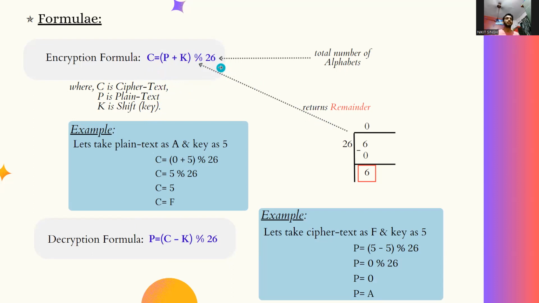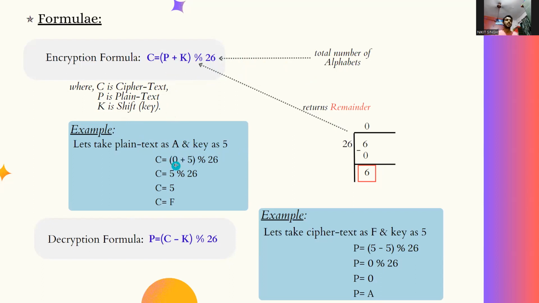For example, I'm dividing 6 by 26, and after dividing it, I get the remainder 6. So the modulus answer will be 6. And the 26 in the formula represents the total number of alphabets. Now let's take an example. Here I'm applying this formula to the plain text A, where the key is 5.